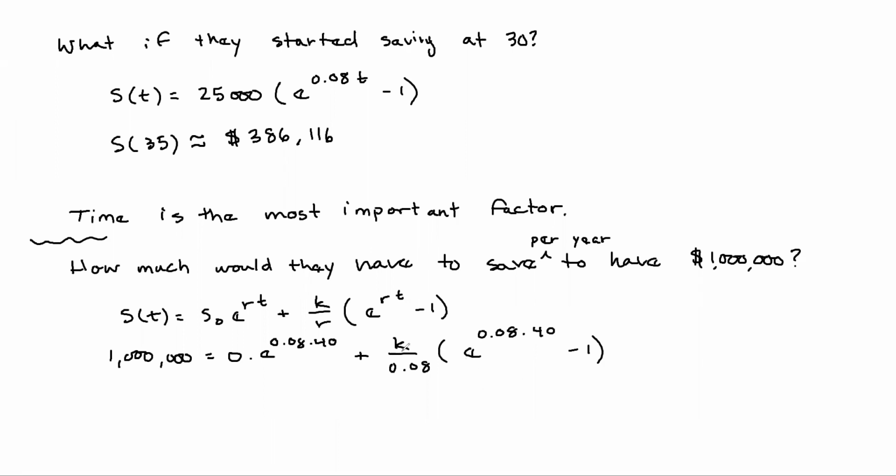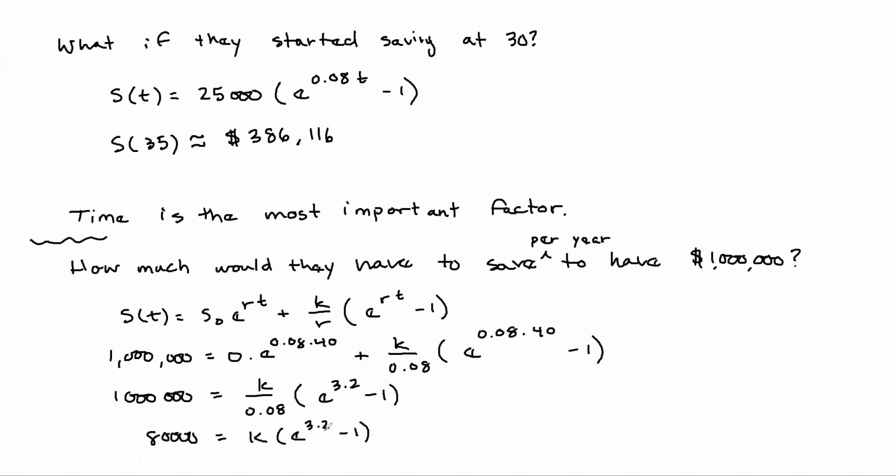Okay, so let's see what happens here. We've got 1 million. This drops away, so we've got K over 0.08, and then e to the 3.2 minus 1. You can multiply the 0.08 over, and we'll get 80,000 equals K times e to the 3.2 minus 1.